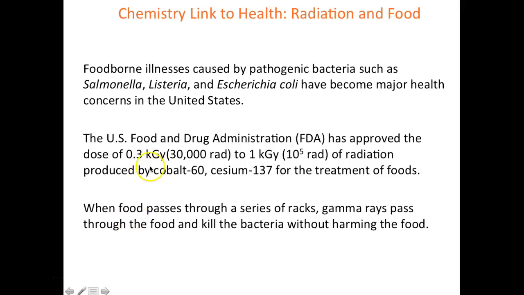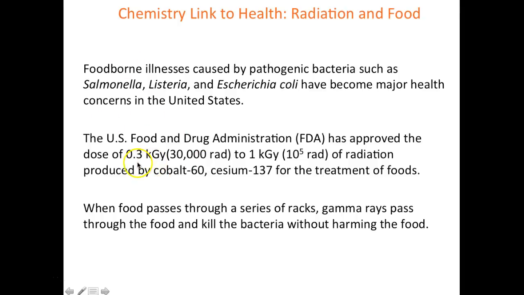All right, so the FDA has allowed that because certain illnesses are carried by pathogenic bacteria, the Salmonella, Listeria, E. coli, etc. So they have approved that some foods, like some fruits, can be radiated.